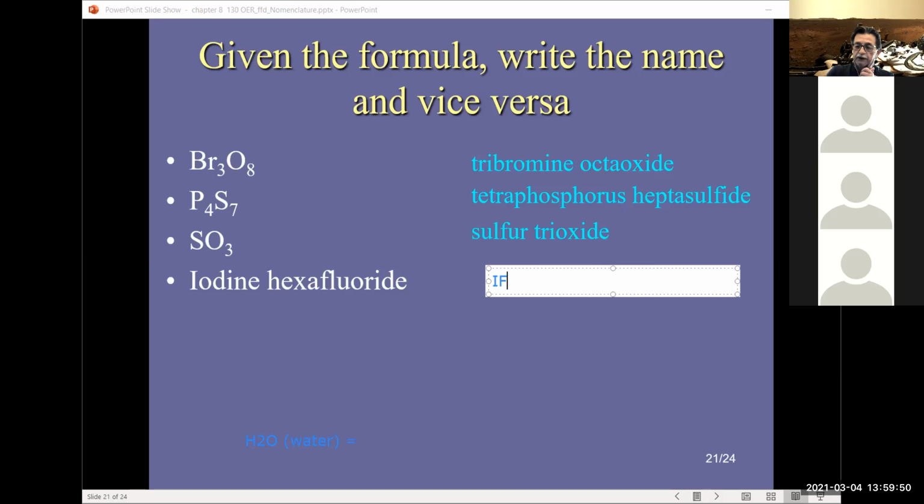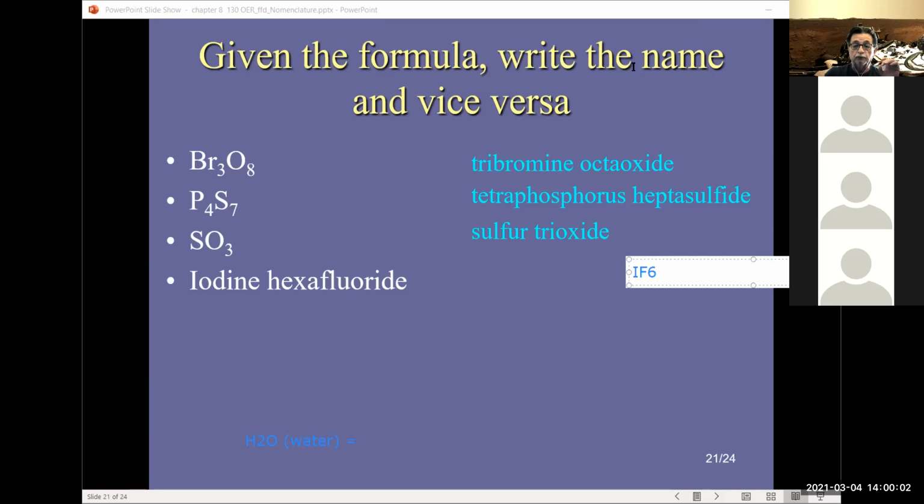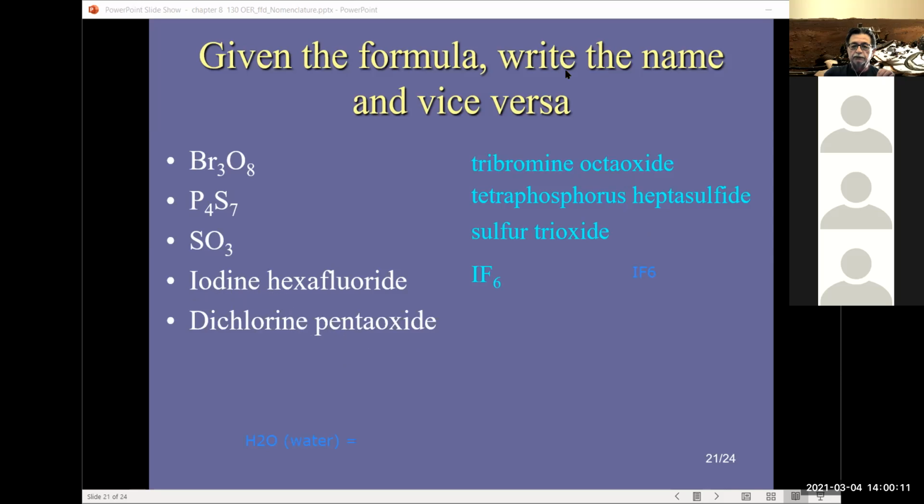There's no prefix in iodine, so there's only 1 iodine, and hexafluoride means there are 6. So this will be subscript 6. So the formula for the first one would be IF6.